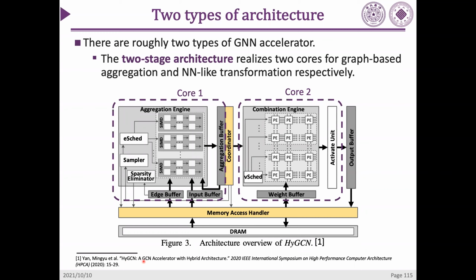The first core consists of some SIMD engines, vector cores, and modules for sampling and scheduling. And the other one is a systolic array architecture for neural network-like computation. It's just like the previous DNN and CNN designs.